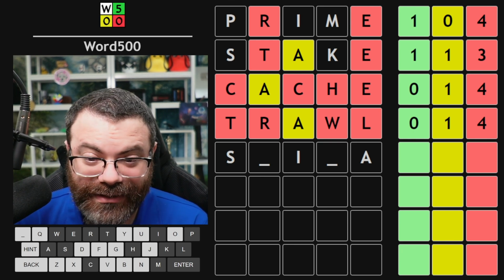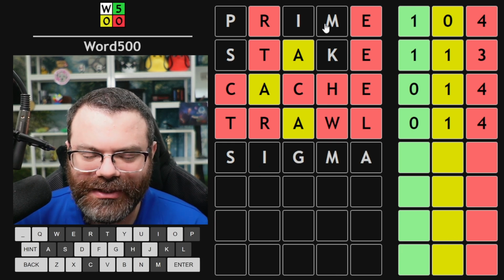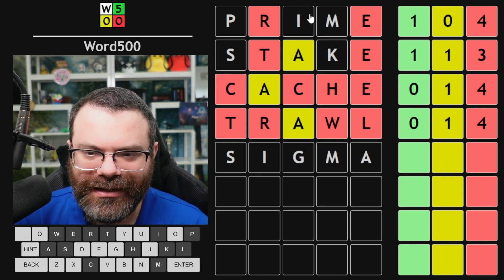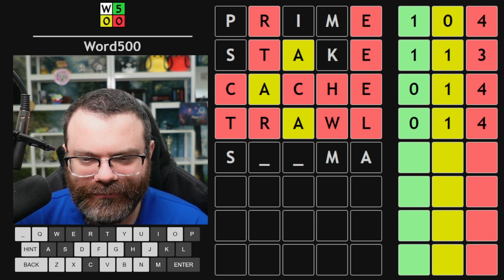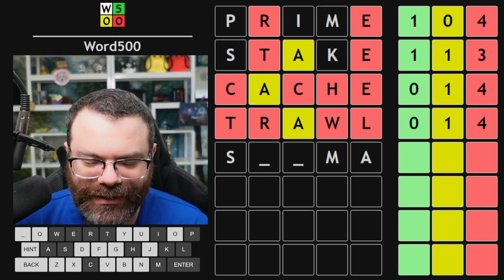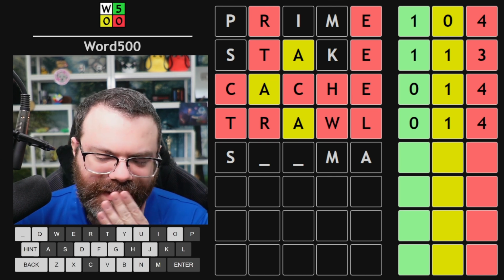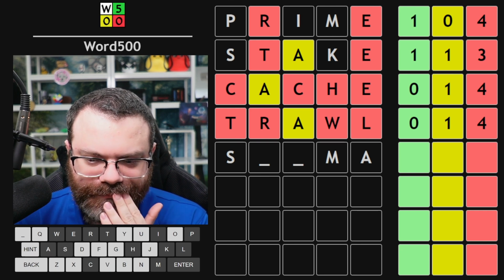I see sigma, but we can't actually do sigma because that would be 2 correct letters. We need a yellow in prime. So if I did this, that fulfills all our clues, but I don't know how to fill it. Is there a word for that? I don't see it.